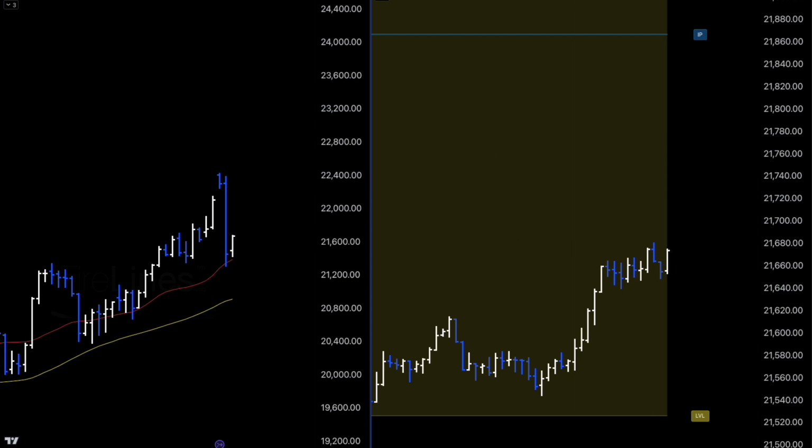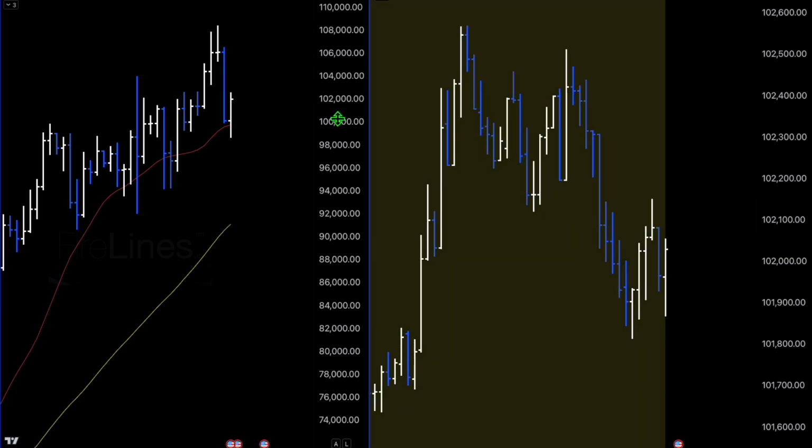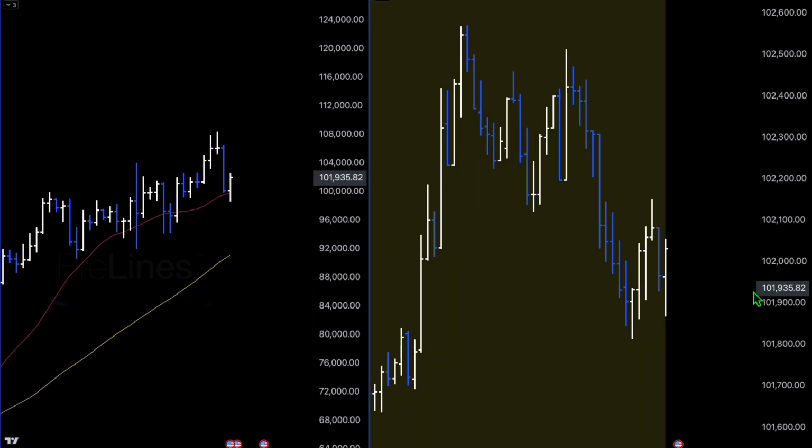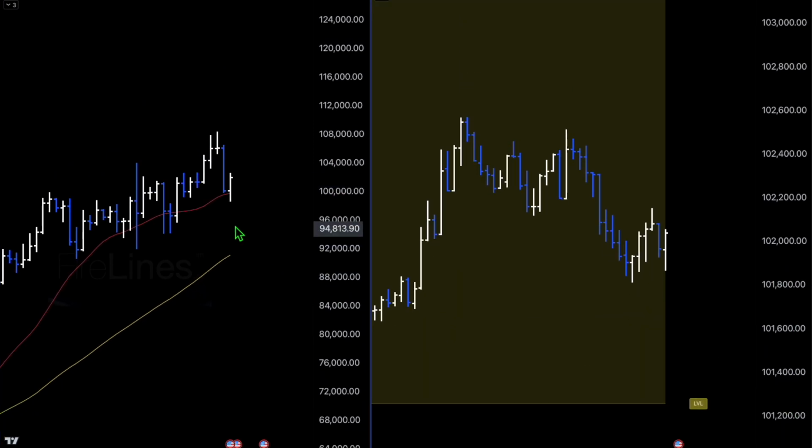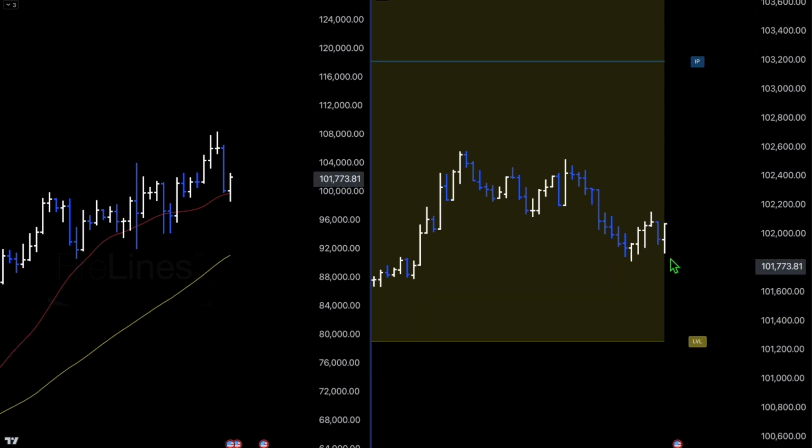And last but not least, what I'm kind of liking these days is Bitcoin. And here we have Bitcoin again. The 20-day average kind of acted as a brake on the fall, and it's trying to recover. But yet again, here we are in the value range.